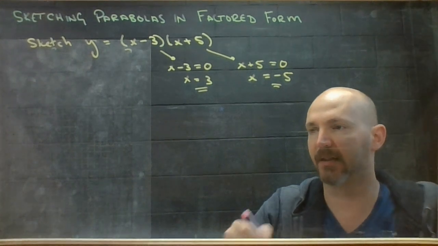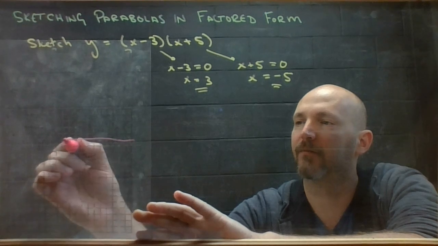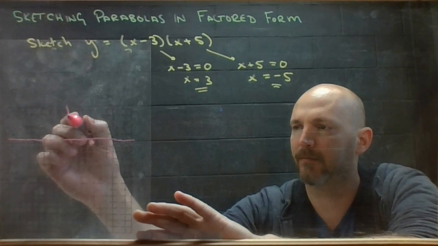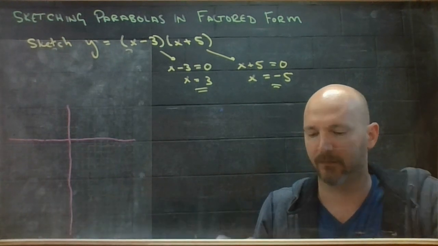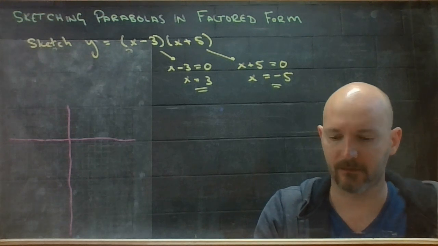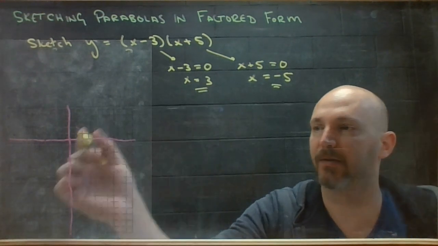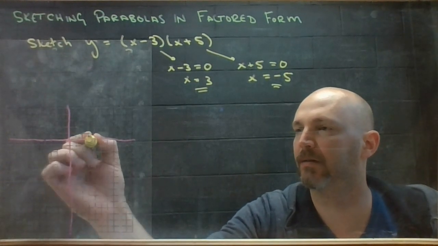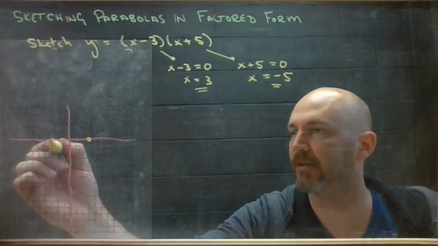So I'm going to draw myself a grid. And I'm going to pencil in an x-intercept at 3, 1, 2, 3, and an x-intercept at -5, 1, 2, 3, 4, 5.